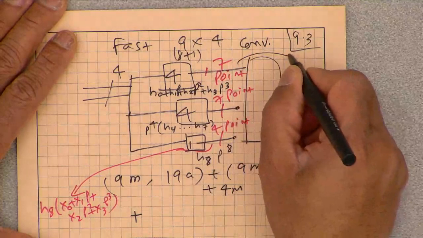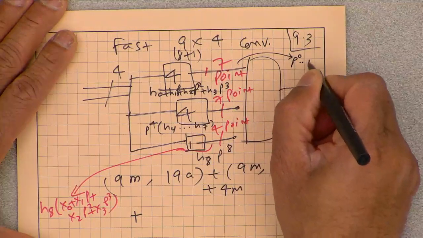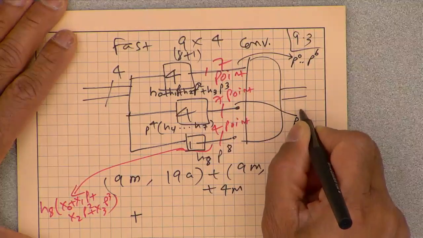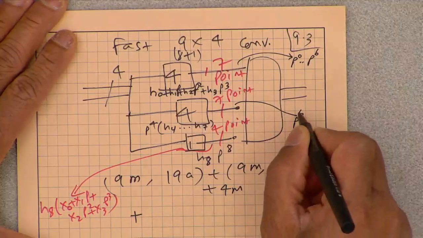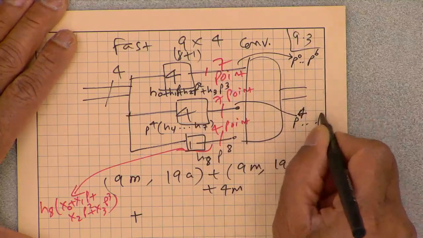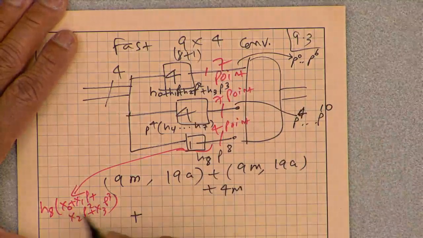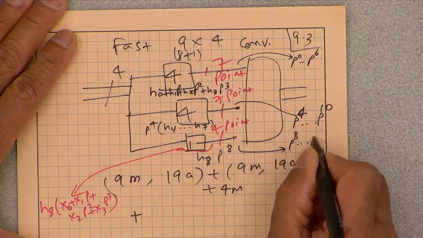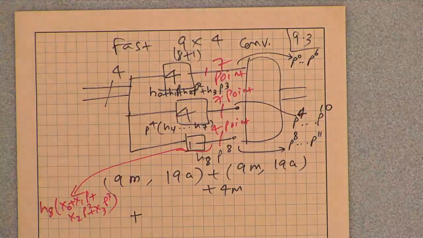So this group is p to power 0 to p to power 6. This group here, p to power 6 through, add 4 to that, 4 plus 6 is 10. And here, this wire is p to power 8, 9, 10, 11. Okay, and then you merge these.